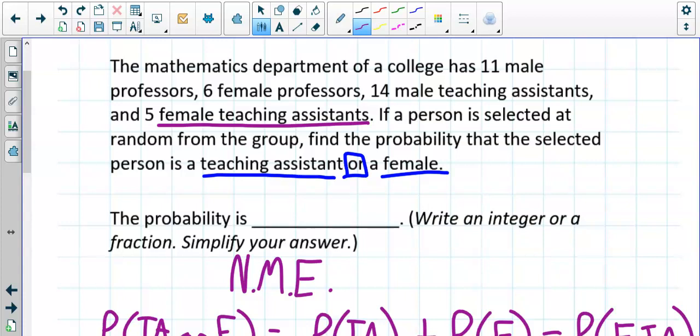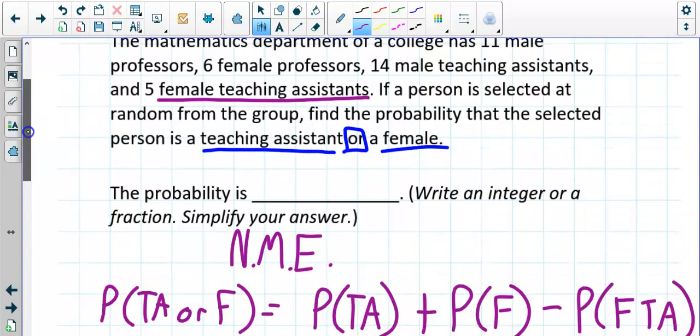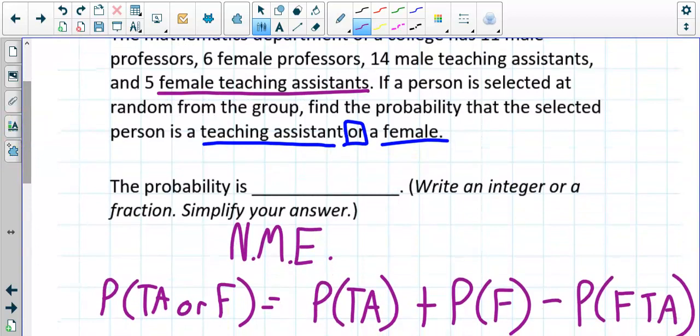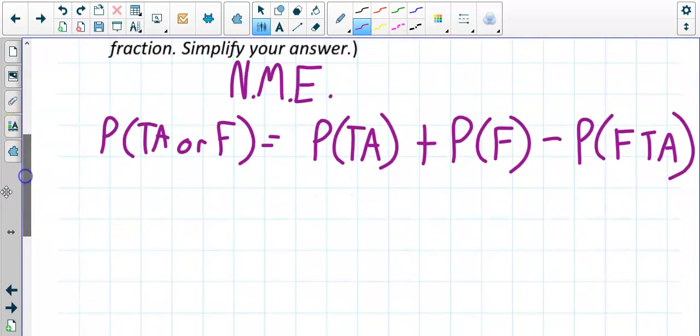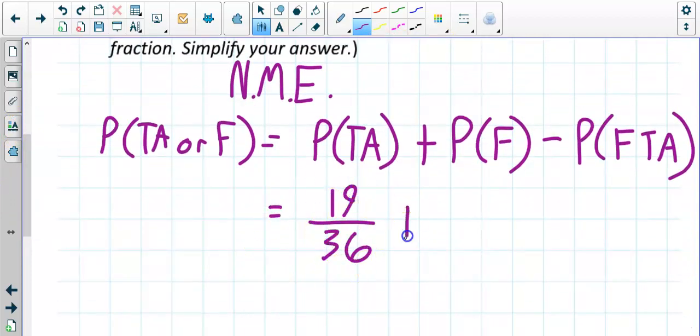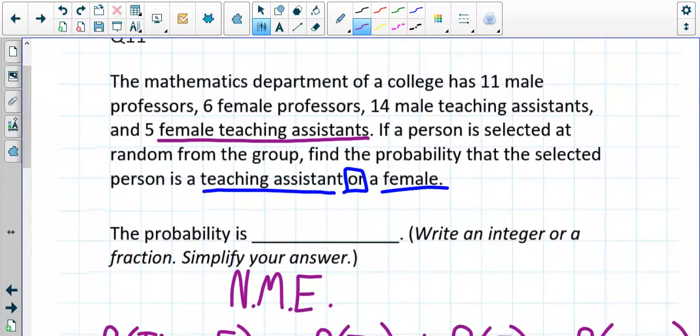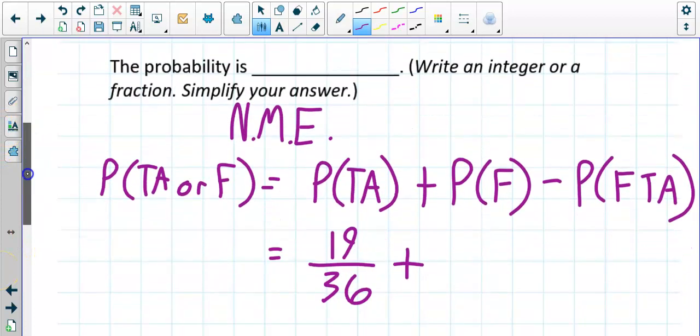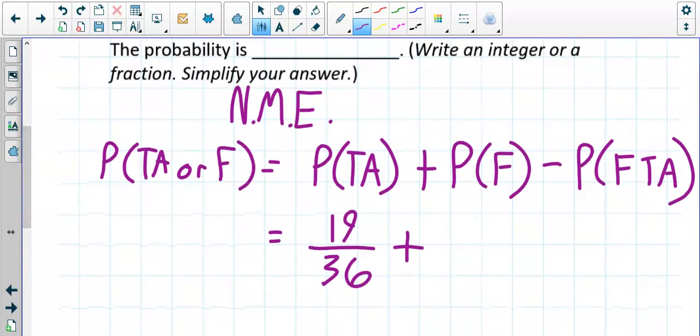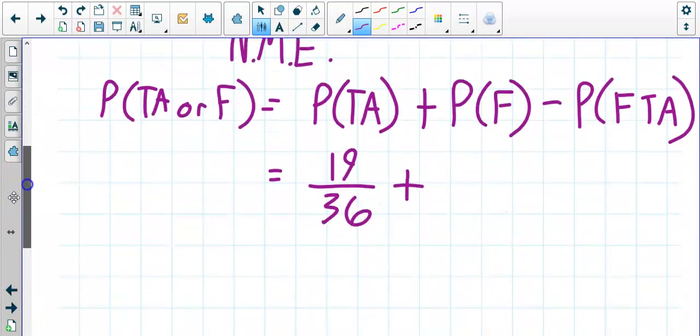So what's the probability of being a teaching assistant? Well, how many teaching assistants do we have? We have 14 males and 5 females, so that is 19 out of 36. Plus, well, what's the probability of being females? Well, how many females do we have? We have 6 professor females and 5 teaching assistant females, so that's 11 out of 36.